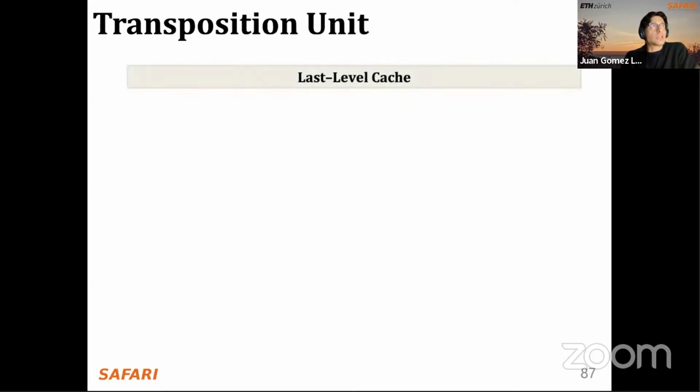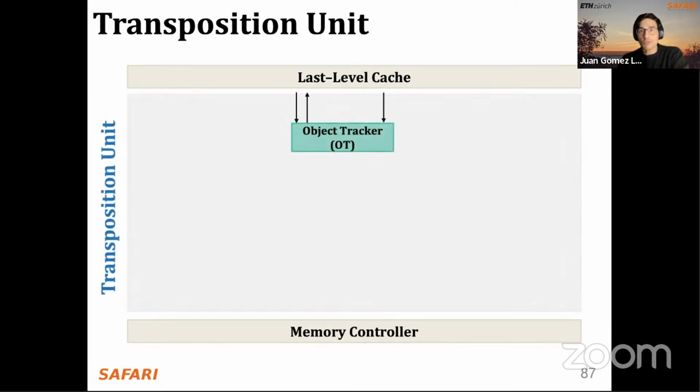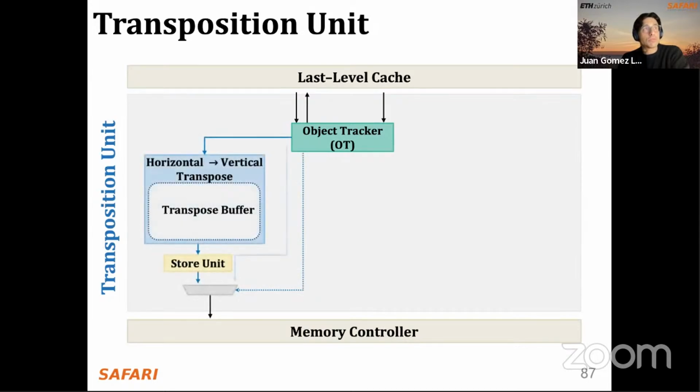To do so, we design a transposition unit that is placed between the last level cache and the memory controller. This transposition unit has an object tracker to keep track of all the objects that are going to be operated on by SIMDRAM.